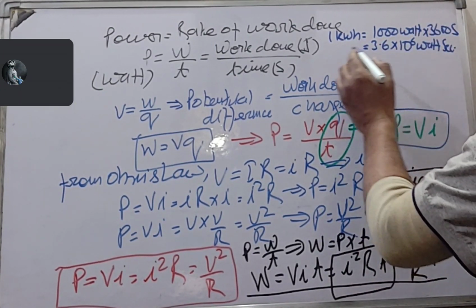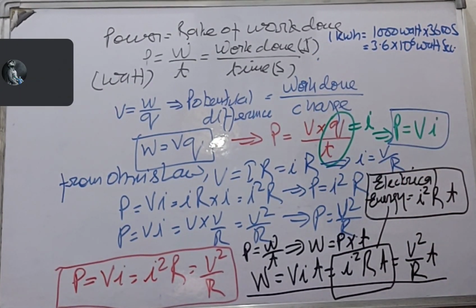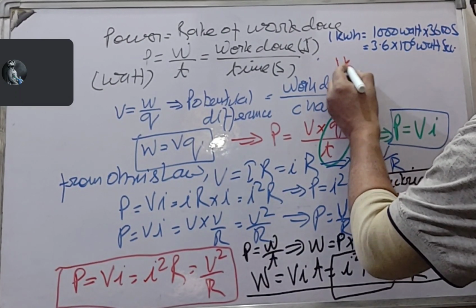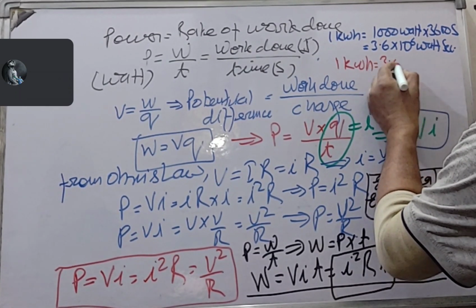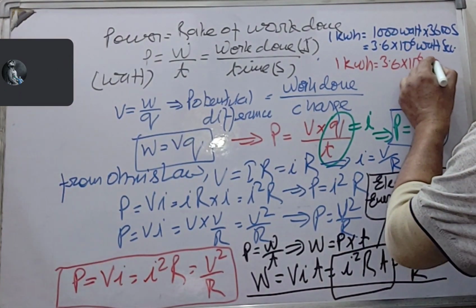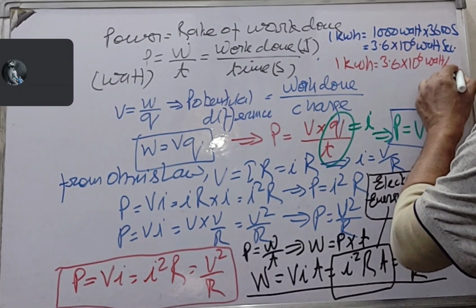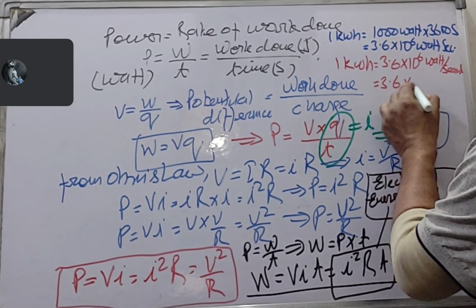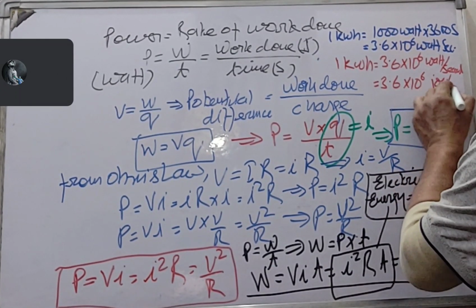That's why 1 kWh is equal to 3.6 into 10 raised to the power 6 watt second, or we say it 3.6 into 10 raised to the power 6 joule, right?